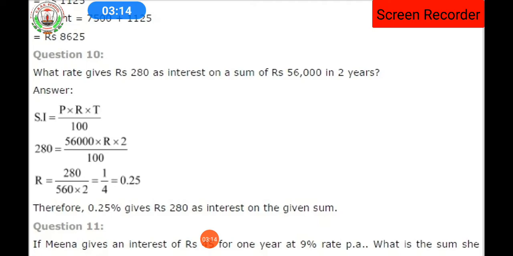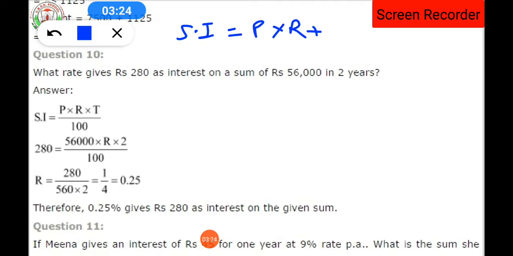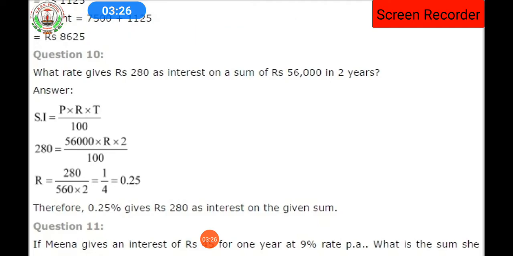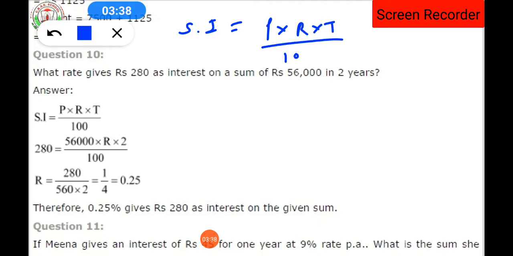Clear? So here we will keep all the numbers in the formula, that is P into R into T. What is the formula of simple interest? Sorry, it is not SI unit, it is simple interest, SI. So SI is equals to P into R into T upon 100, isn't it?